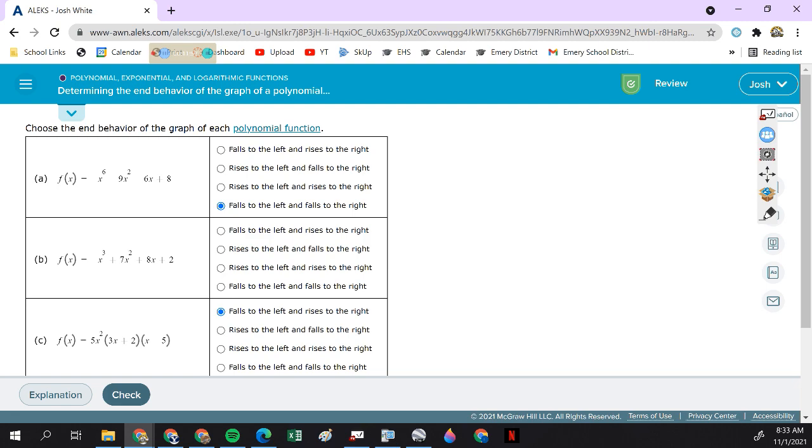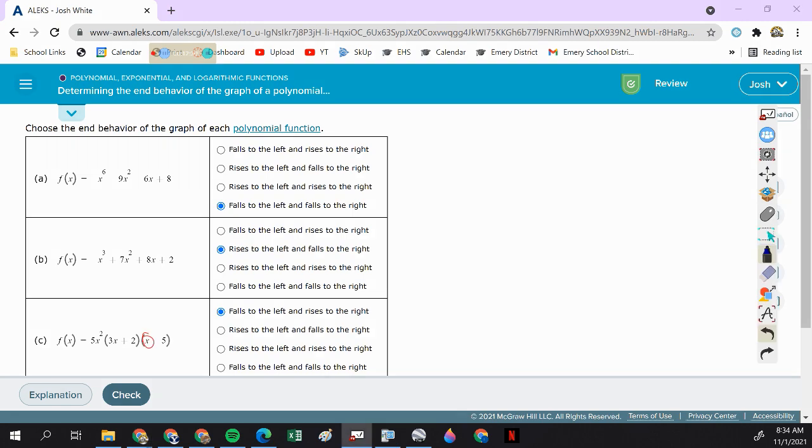Okay, B, negative x to the 3rd. So the left side will be up and the right side will be down, rises to the left and falls to the right. And then the last one, how many x's are there? We count them up.